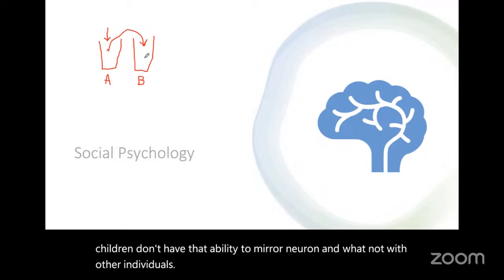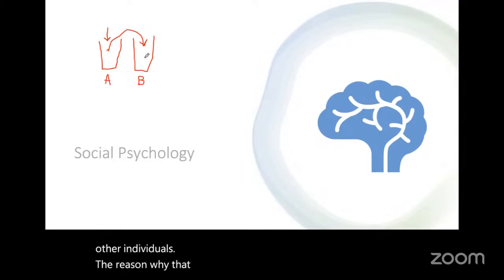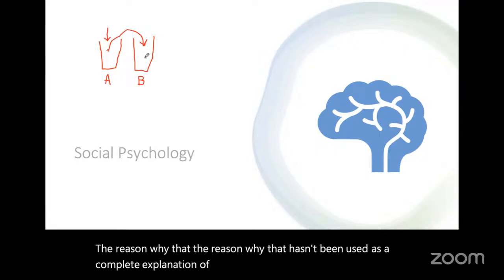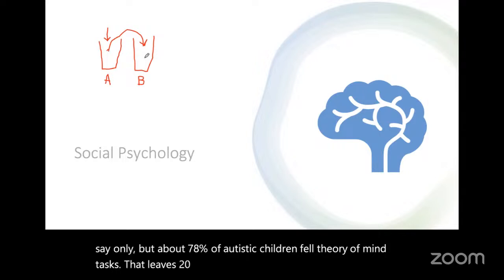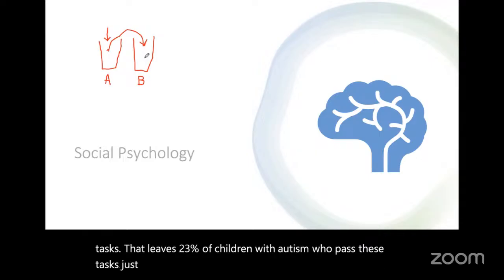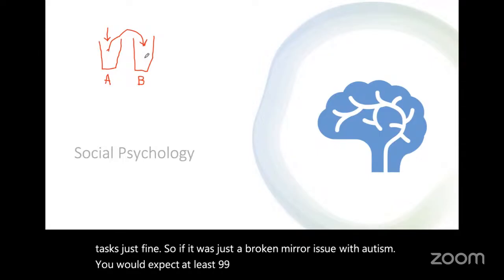The reason why that hasn't been used as a complete explanation of autism is that about 78% of autistic children fail theory of mind tasks. That leaves 23% of children with autism who pass these tasks just fine. So if it was just a broken mirror issue, you would expect at least 99% to fail these tasks, but only about 78% do.